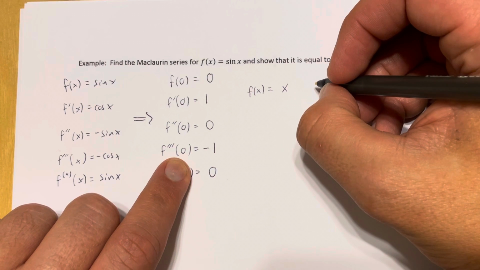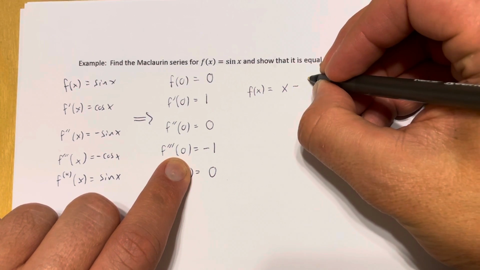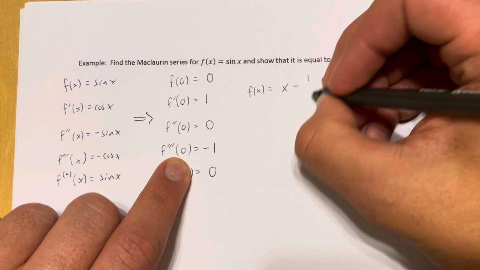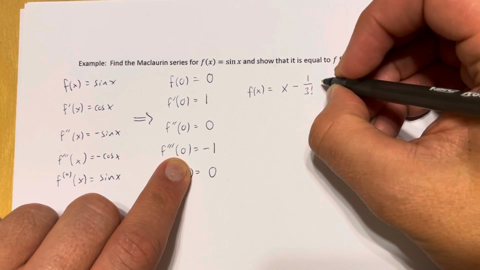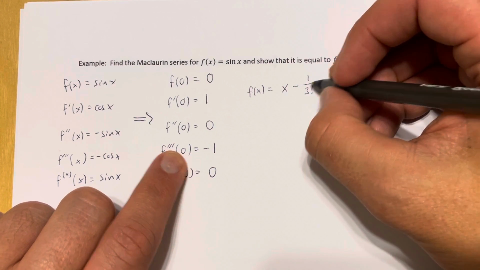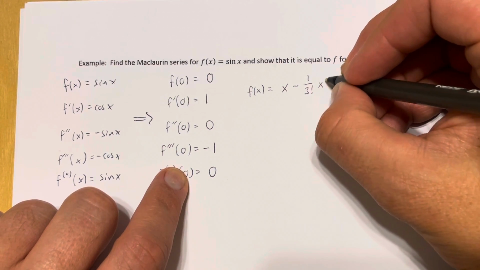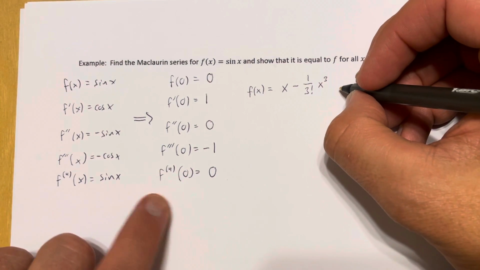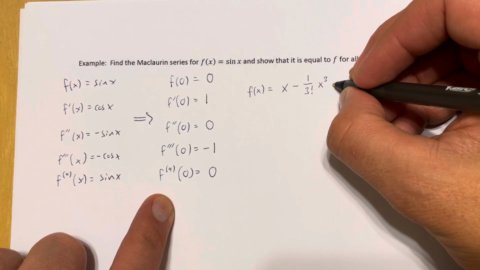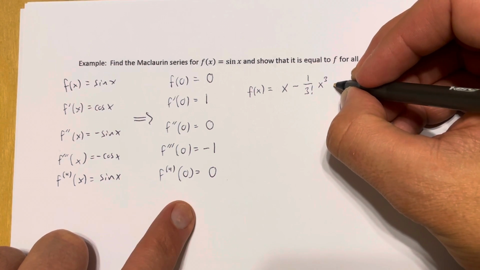But my x cubed term is going to have a negative 1 in the numerator over, remember at this stage we're looking at 3 factorial. It's the third derivative at 0 over 3 factorial, and this is now my x cubed term. My fourth derivative is going to be 0, and then if this pattern continued, my next derivative would give me a positive 1 at 0.